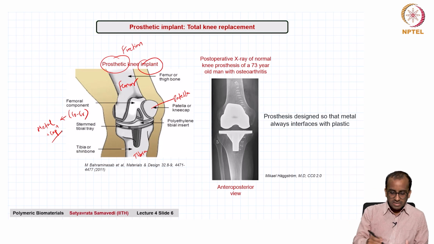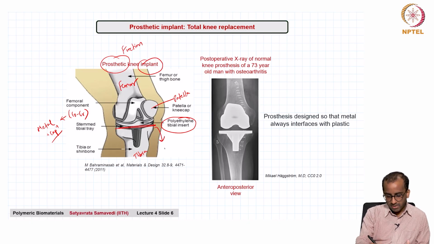And then there's a tibial tray like this, which is a platform lined with the polyethylene insert. Now, this tibial component could be made of cobalt chromium or titanium.